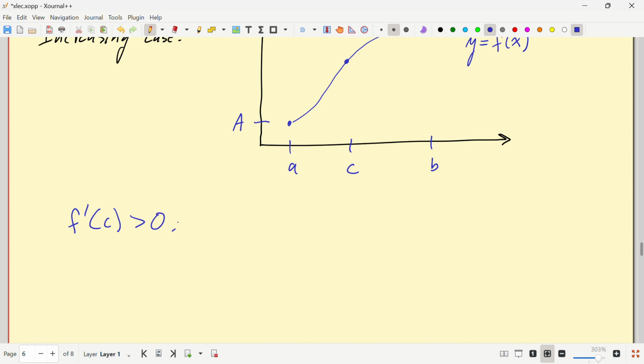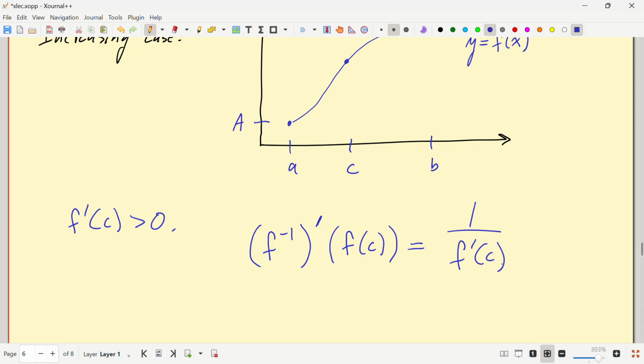And then the fact is f inverse prime at f of c would be equal to 1 over f prime of c. That's the inverse function theorem, and that's the famous formula that falls out from it.